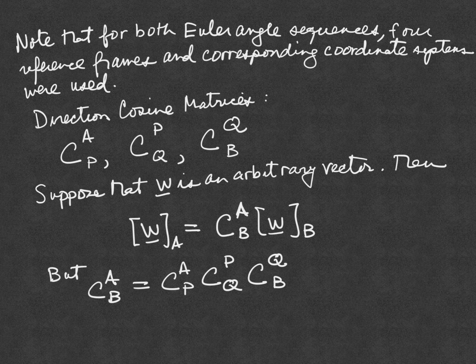So when you do this multiplication, you have to do the multiplication on the left, starting with the last two frames and then working your way back through the transformations by multiplying on the left-hand side. So it goes from the last to the first. Because if you notice this expression I've got here, it says the vector W expressed in B has to be multiplied on the left by B to A to get the vector expressed in A.